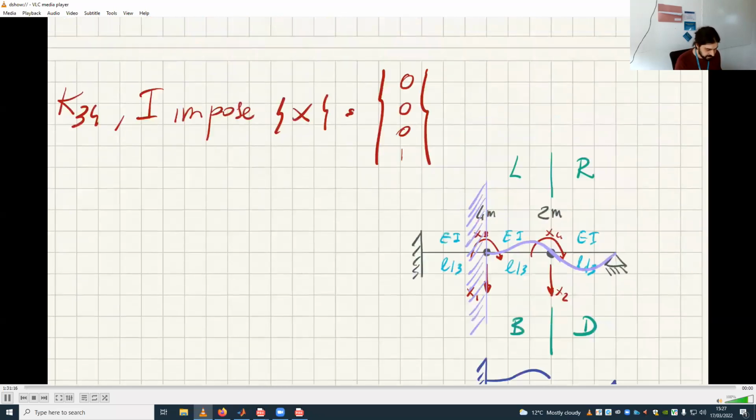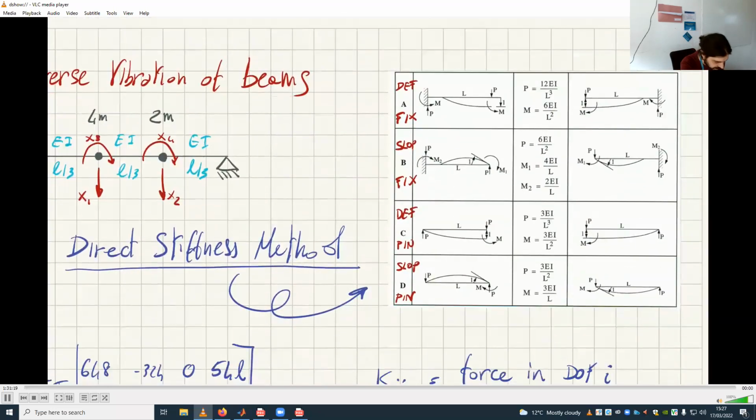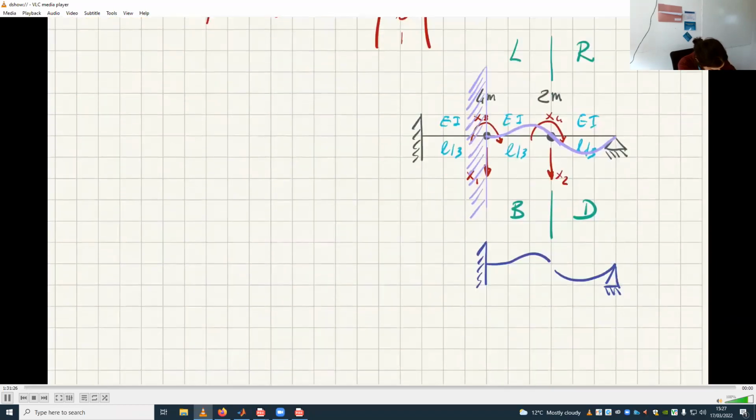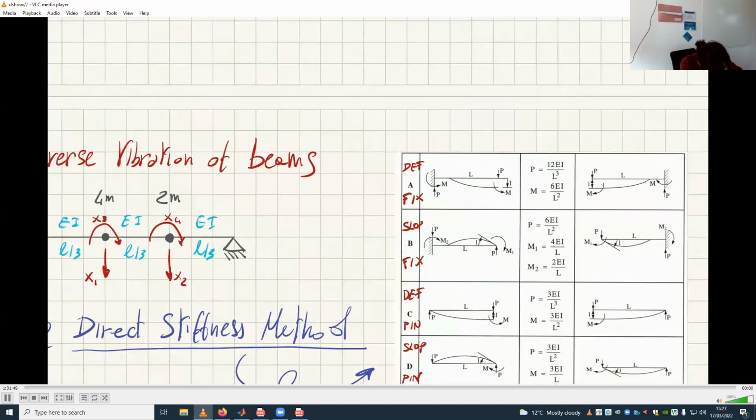So for B, I have to copy P and P, M1, M2. So it should be P down, P up, M1, like this. I forgot. Let me copy this table.